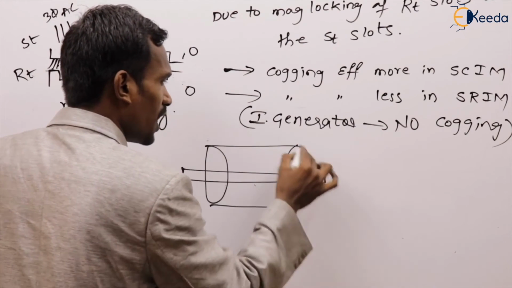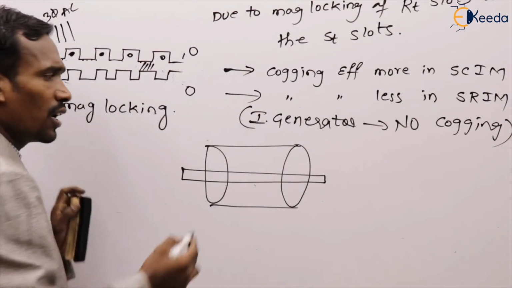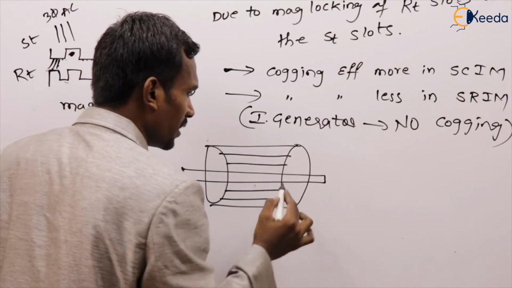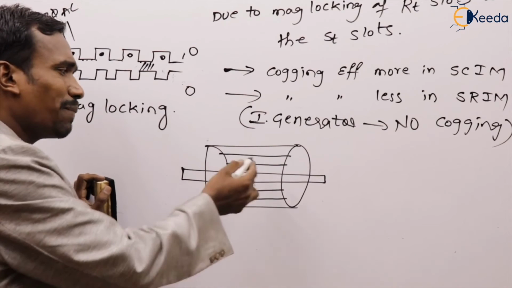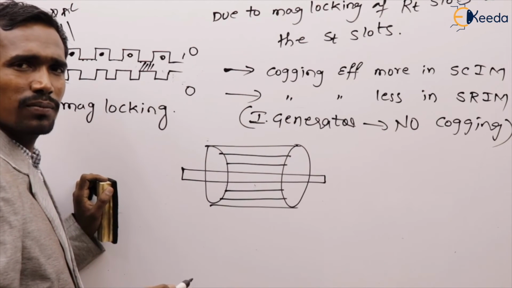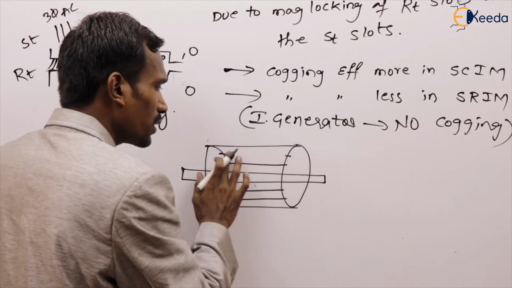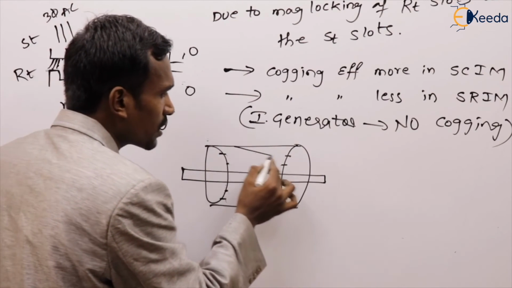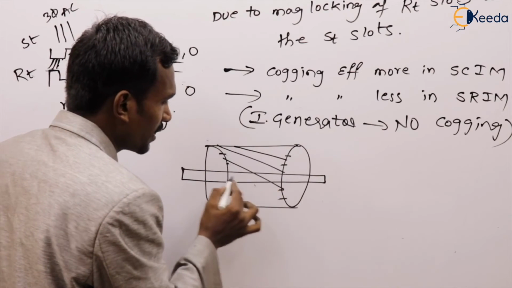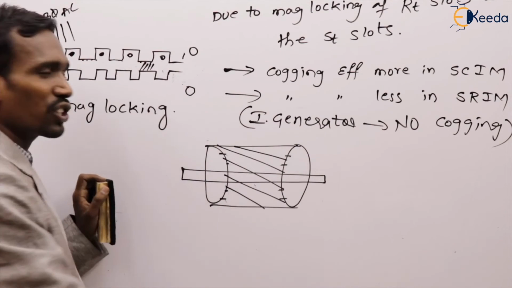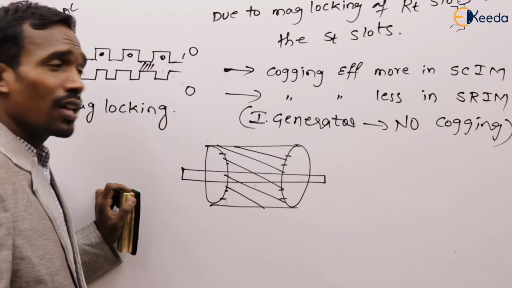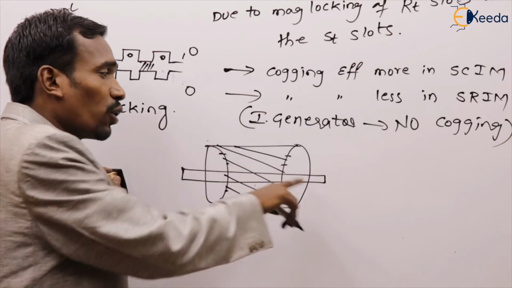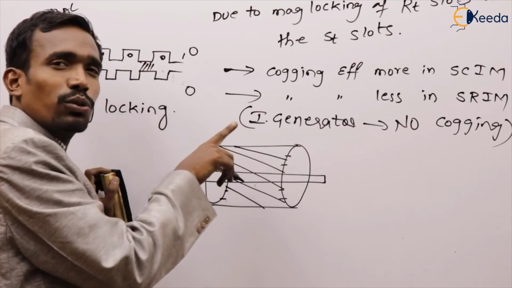Generally the copper bars are placed here in parallel to the shaft, but if the rotor slots are placed like this, not parallel to the shaft, the rotor slots should not be parallel to the shaft.